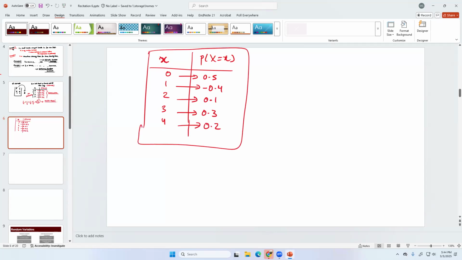If I give you a table like this, and I ask you what might be a problem with this, what would you say? Okay, the probabilities add up to more than 1. That's one observation. There's one more observation that's problematic in this table. There's a negative, right? And probabilities are always positive numbers. Probabilities are always between 0 and 1. 0 means it does not happen, 1 means it definitely happens. Okay, so you have to be careful about this as well.